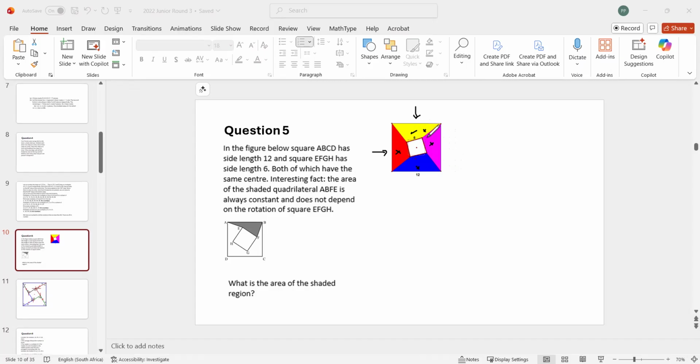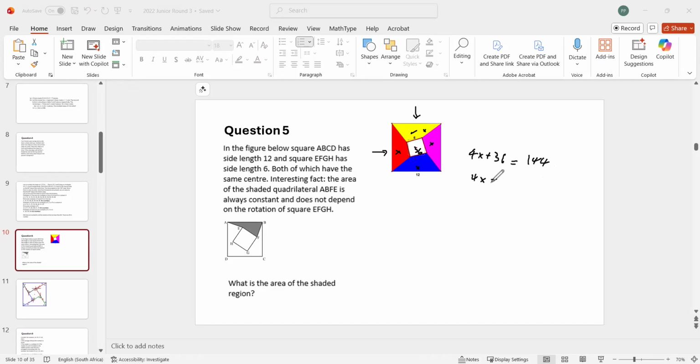So if the area is X, the center area is 6 by 6. So you got 4X plus 36. 4 shaded ones plus the white one is the area of the large square. And we know that is 12 times 12, which is 144.